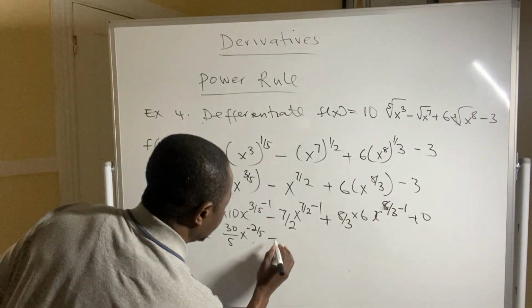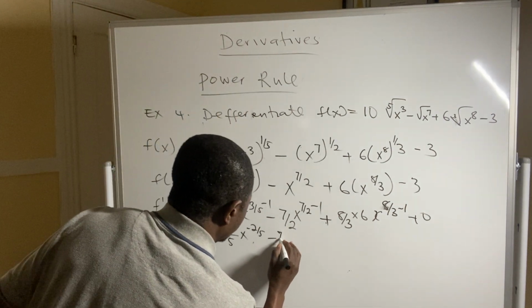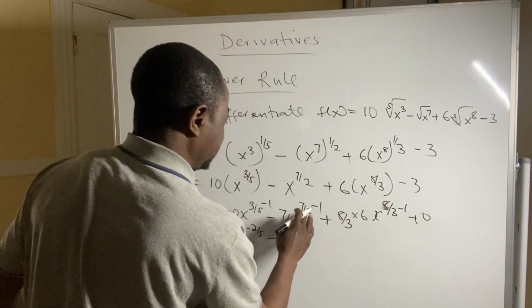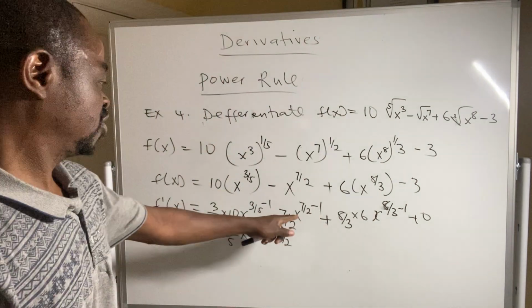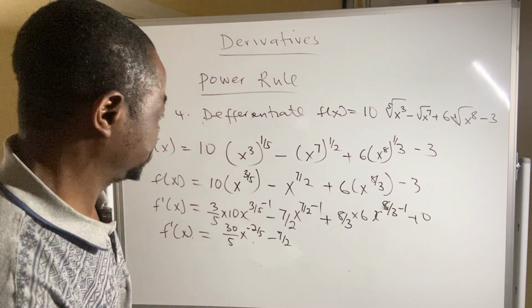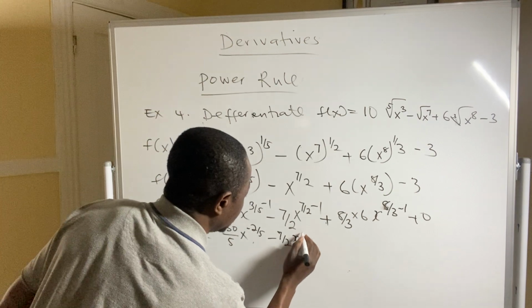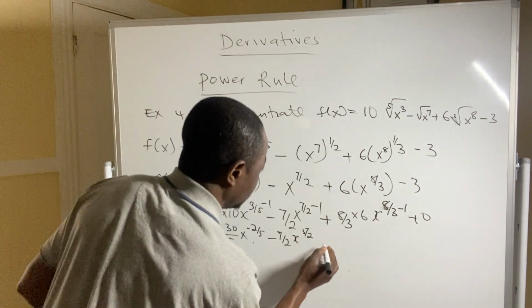And then this is minus 7 over 2. If you reduce the power by 1, 7 over 2 minus 1 gives us 5 over 2, so x raised to the power 5 over 2.